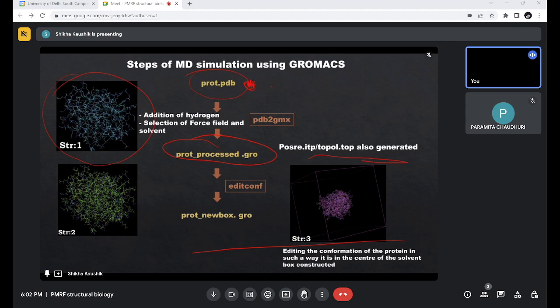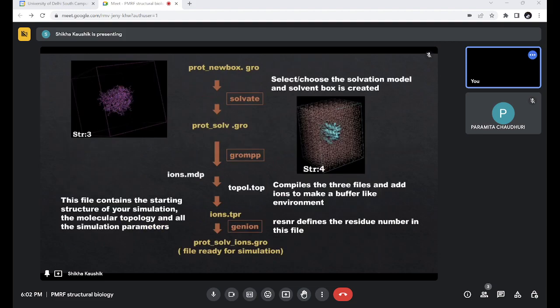So now you're going to add a box surrounding your structure, and then you'll get a file called prot_newbox.gro. This will edit the conformation of the protein in such a way that it is in the center of the box. So now your protein is exactly at the center of your solvent environment, and you have provided boundaries to it.